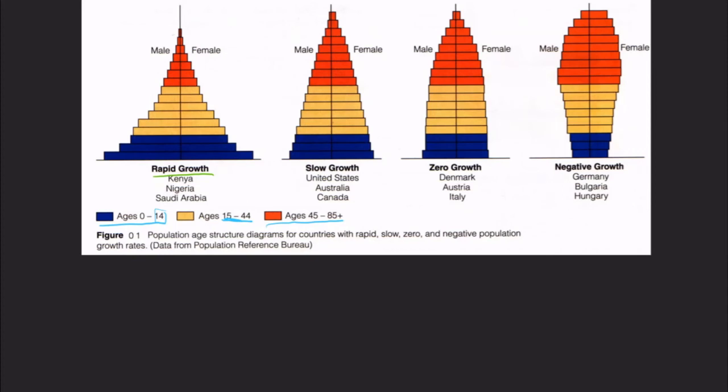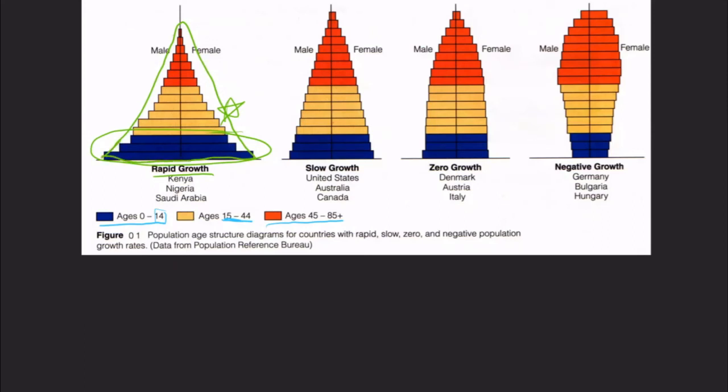Because the birth rate is high, you have lots and lots of young people who then reach reproductive maturity and continue the high fertility rate that the previous generations had. So you end up with rapid growth, where it's a really wide pyramid at the bottom.